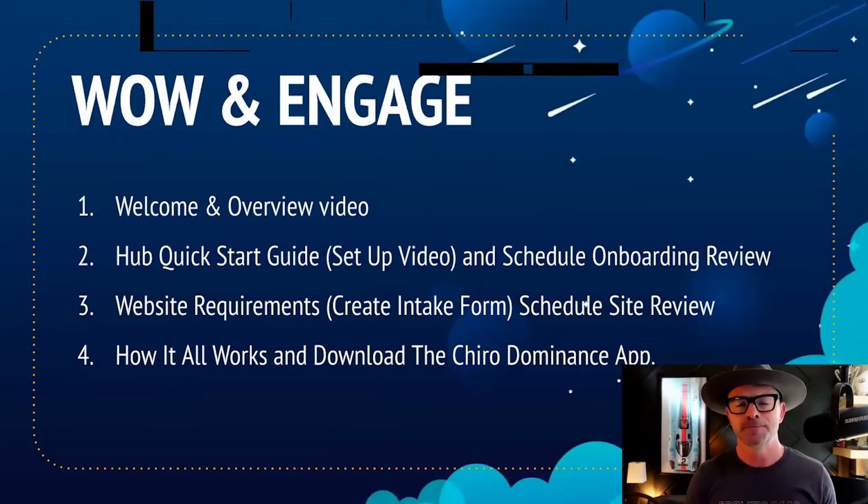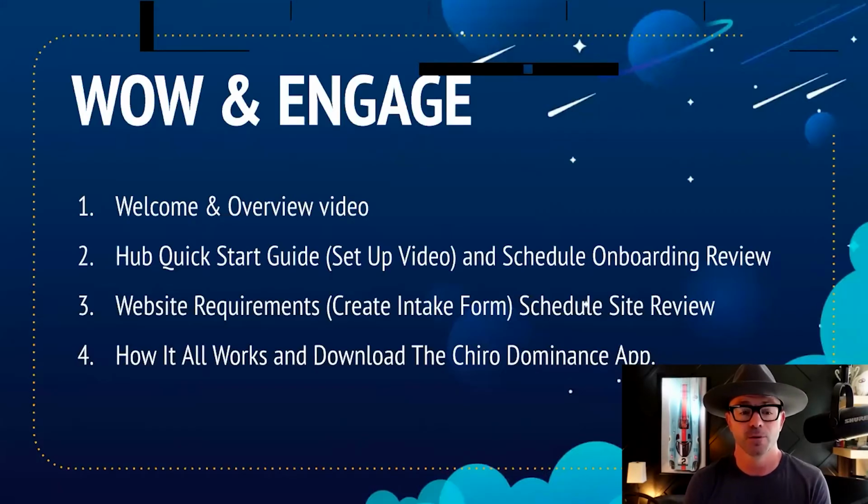And when I say hub, that's what I call my instance of chirodominance, right? We call it the chirodominance hub. You can name yours anything you want, but that way, you've given it an identity, right? So we do a hub quick start guide where we have our clients set themselves up. And then after they set themselves up, we schedule an onboarding review to see if they did a good job.